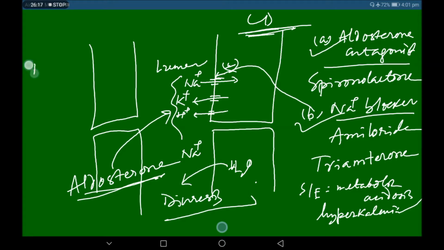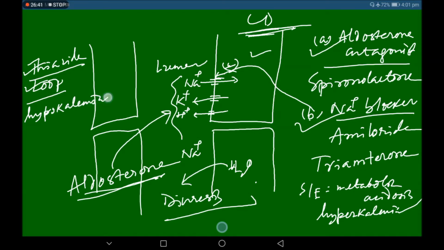So thiazide diuretics as well as loop diuretics have the side effects of hypokalemia and metabolic alkalosis.